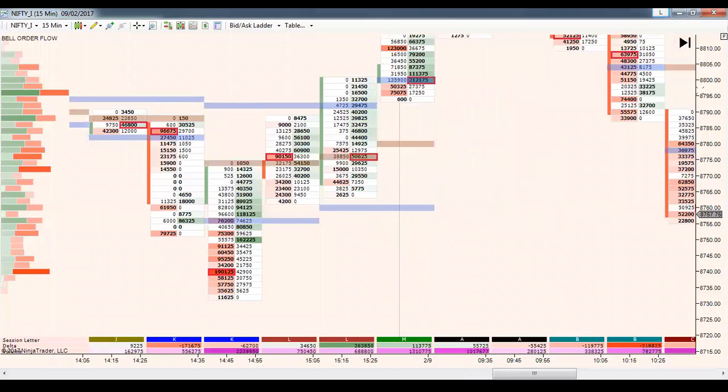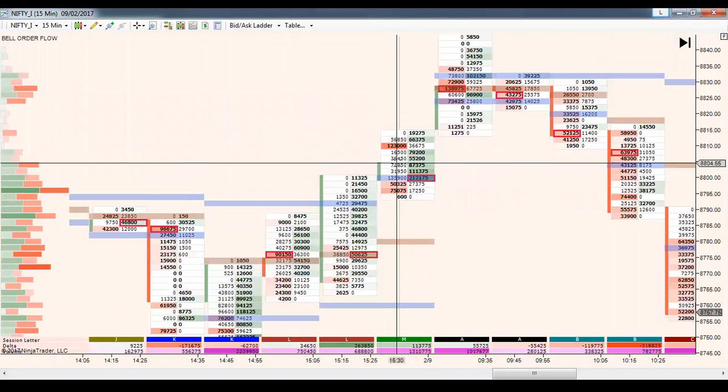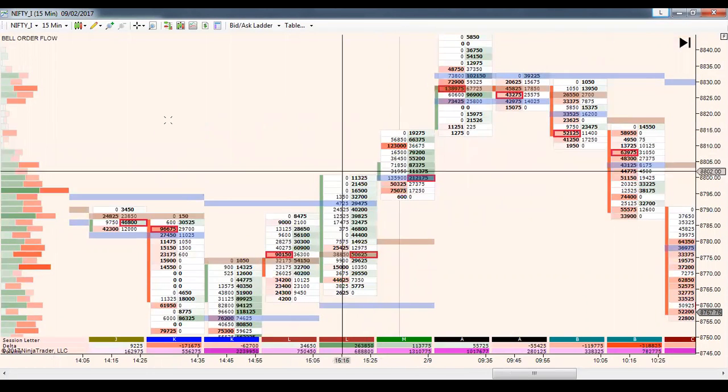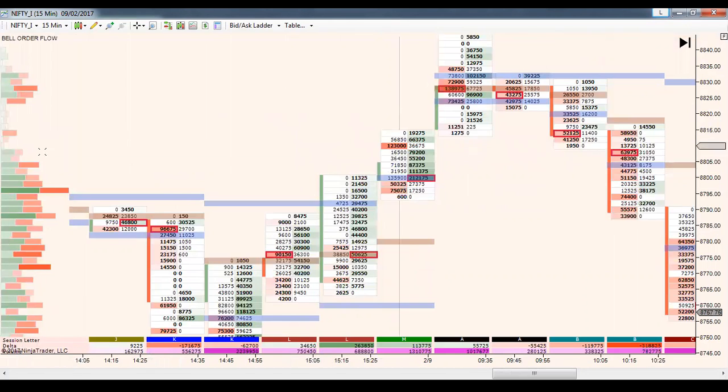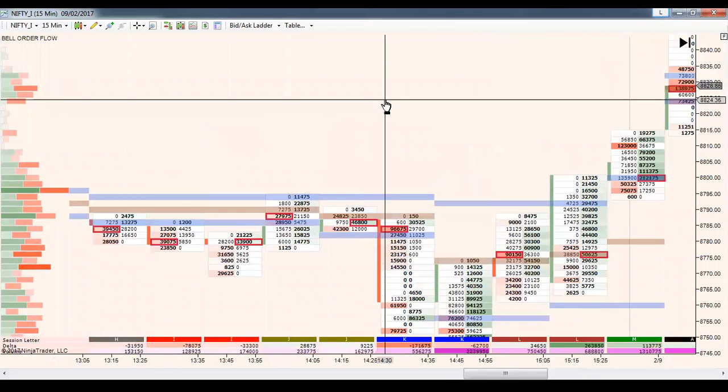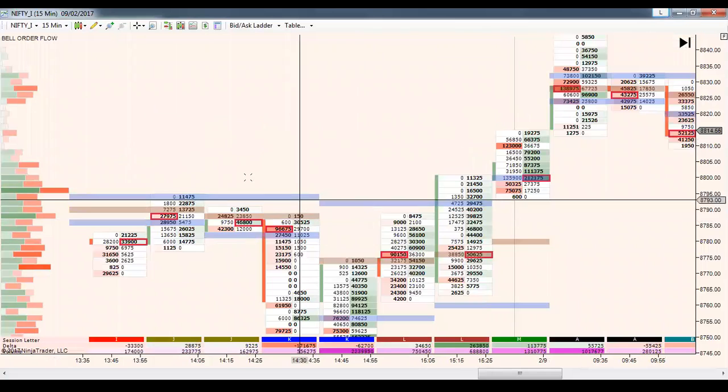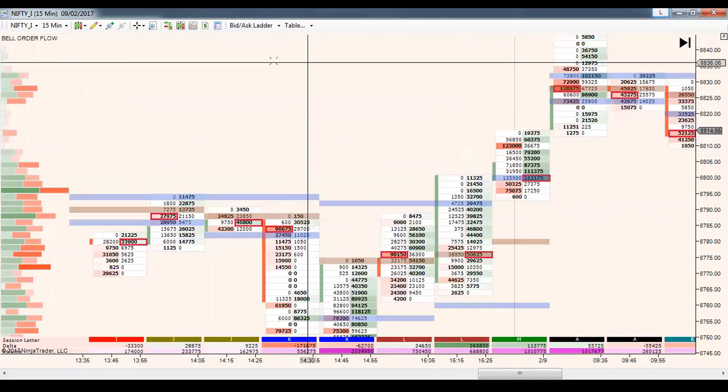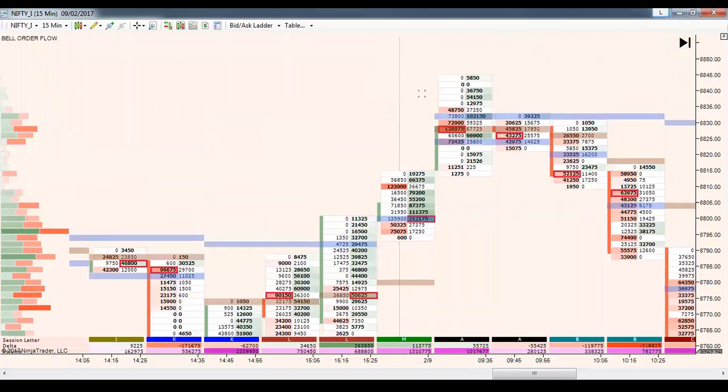Prices went higher and closed above whatever value was being formed. So that put all the sellers from this day under pressure, and that led to this higher open today.